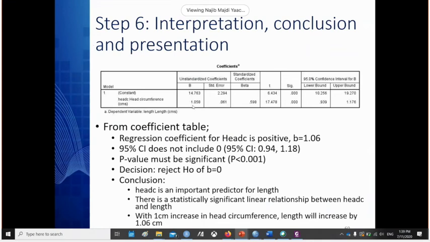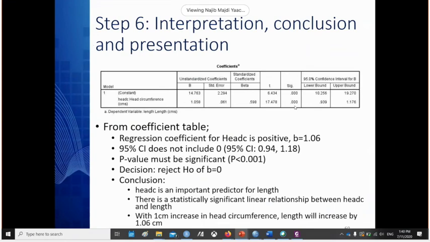Why positive? Because the beta is 1.06. The 95% CI, 0.9 to 1.17, does not include 0. If the 95% CI does not include 0, the p-value must be significant. Here the p-value is less than 0.001.